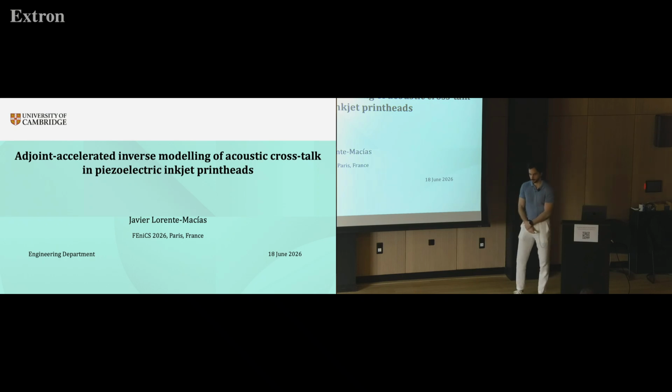So what you care about is presumably what comes out of the printhead. If the actuators are not moving much, the meniscus just goes up and down and nothing happens. Is that part of it? Yeah, there is a reason for that. You could model the full droplet generation process. This is a very complicated thing, but it's doable.